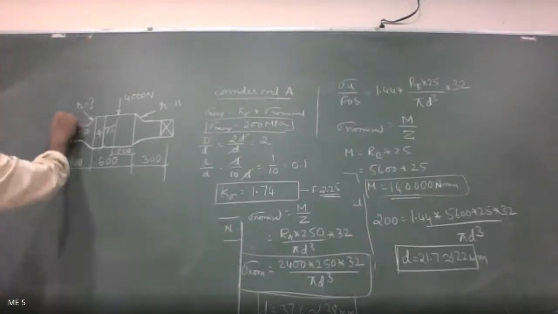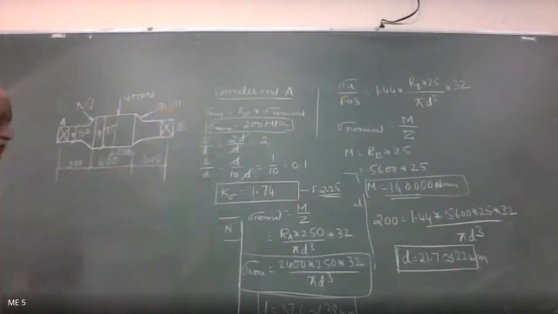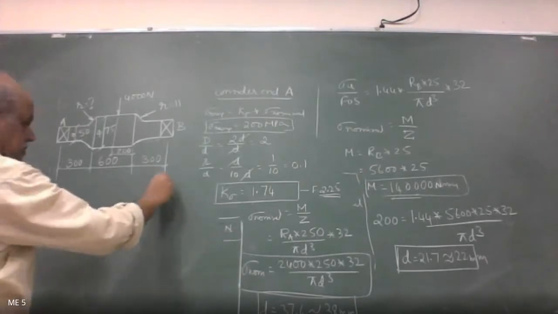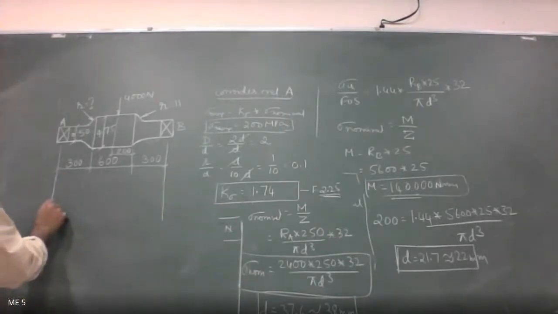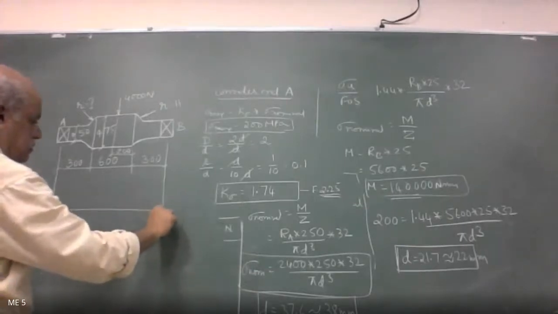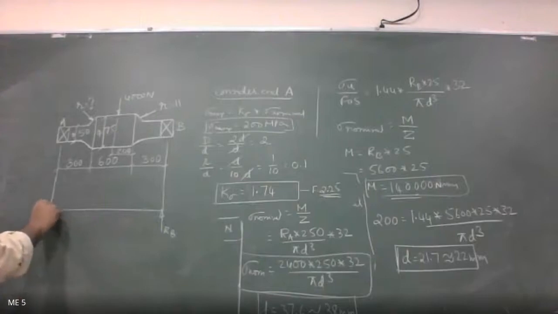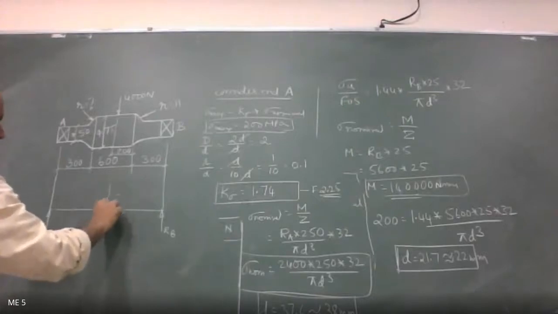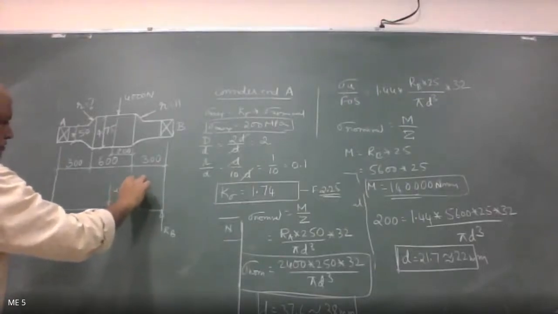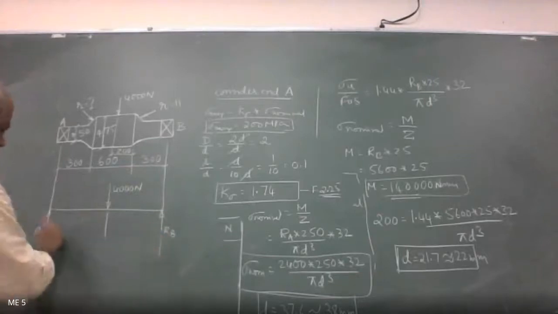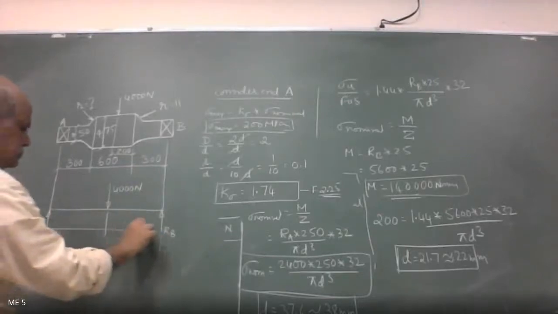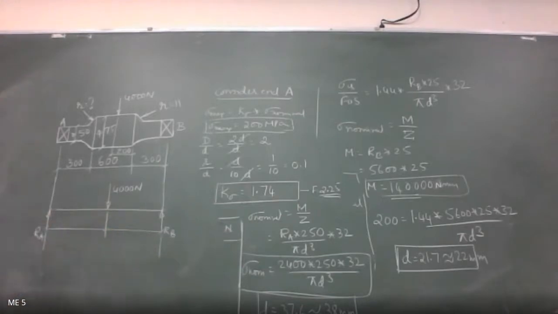This is end A, end B. So this you can convert it into... Sir, on the right side, what is it? R is equal to 11 mm.